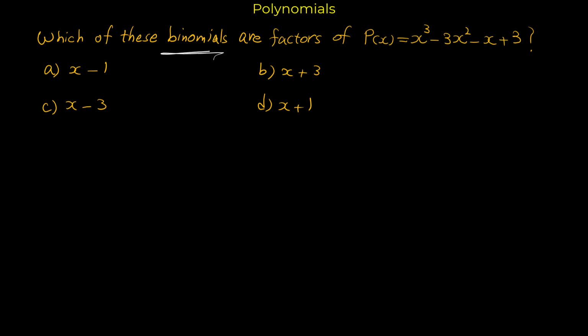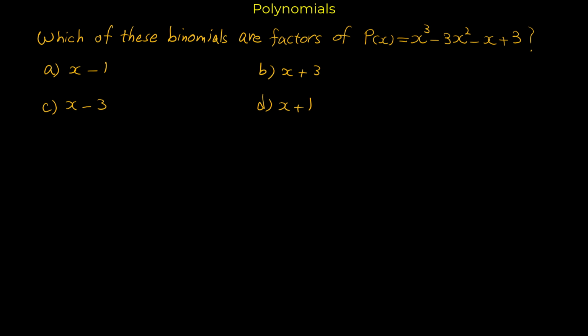Binomial means we have two terms. Look at these expressions, all of them have two terms: x minus 1, x minus 3, x plus 3. This is the meaning of binomial. Which of these binomials are factors of this polynomial?